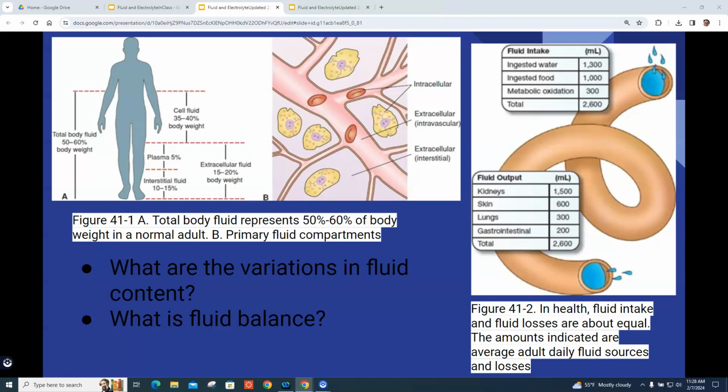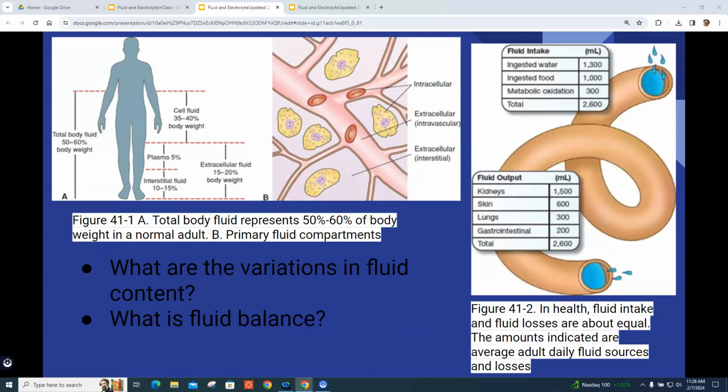Per your fundamentals textbook, an infant has more total body fluid because they're much smaller and have less body fat, and it is found in their extracellular fluid. That is compared to an adult, and this is why infants are at very high risk for fluid deficiency or dehydration.